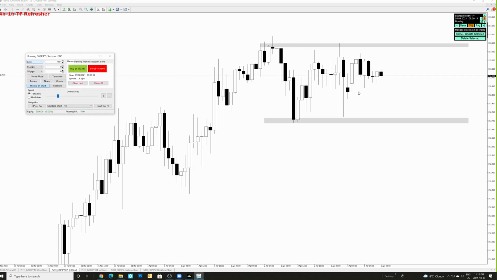Right now we're just consolidating at this point. Even if you do break below this area, is there a possibility for price to continue pushing down? We are slowly moving at this point.